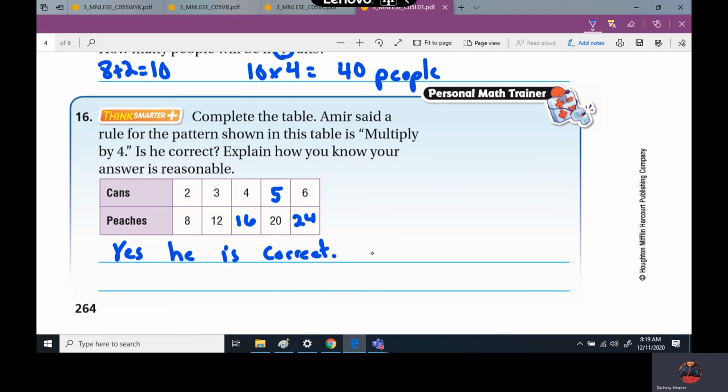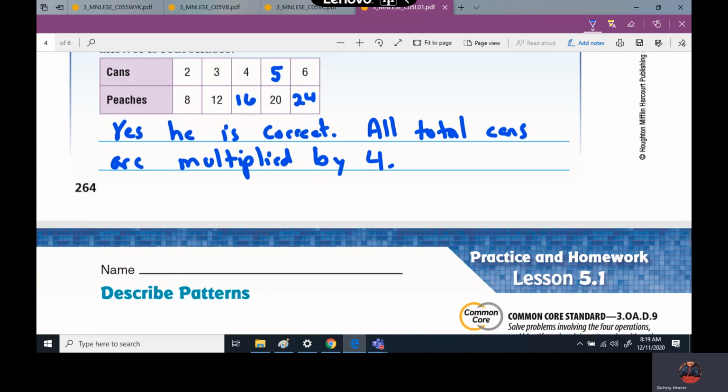Explain how we know all total cans are multiplied by 4. We know 5 times 4 is 20. We know 4 times 4 is 16. 3 times 4 is 12. 2 times 4 is 8.